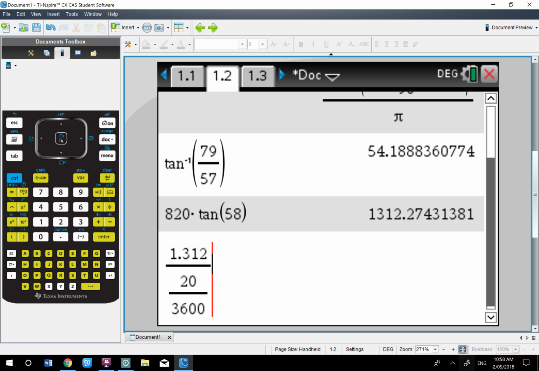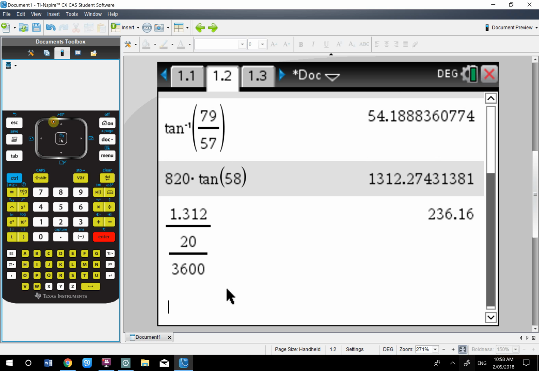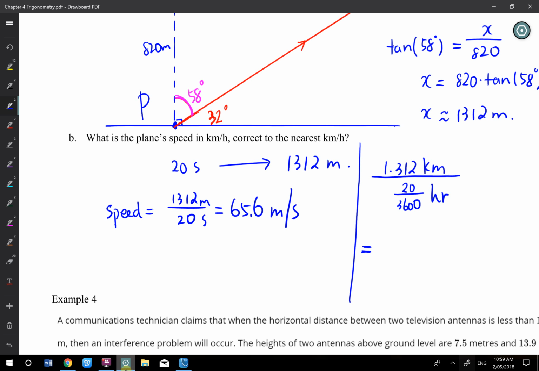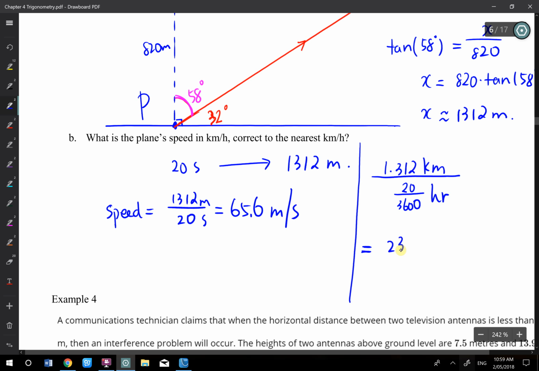That's the fraction I will have. I make it enter another time. Okay, looks better. So to the nearest kilometer, it's 236 kilometers per hour.